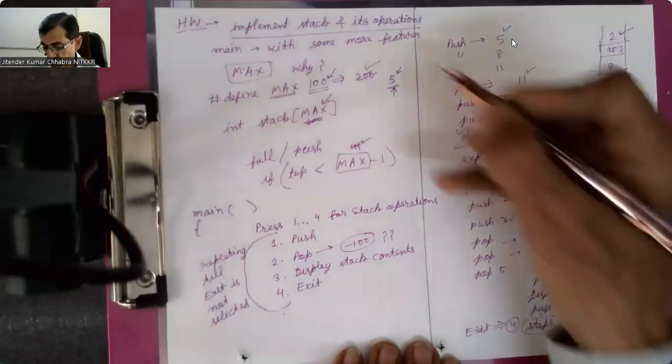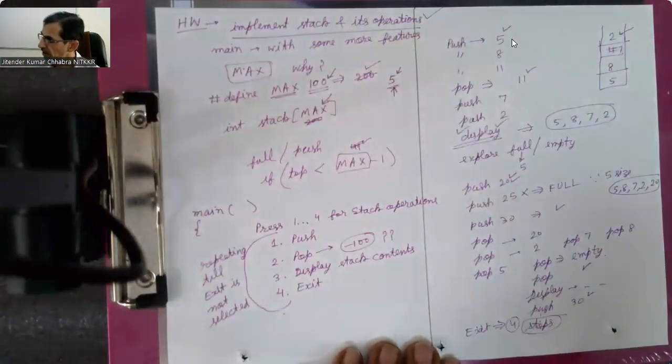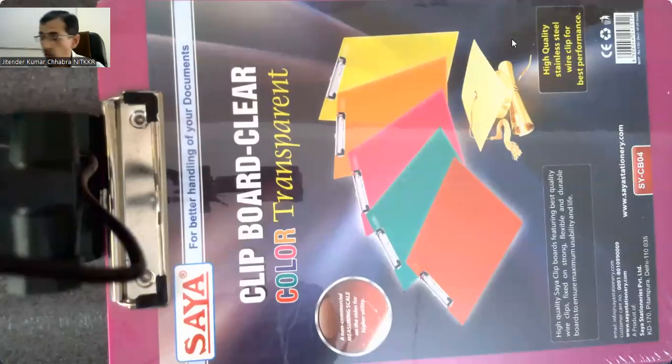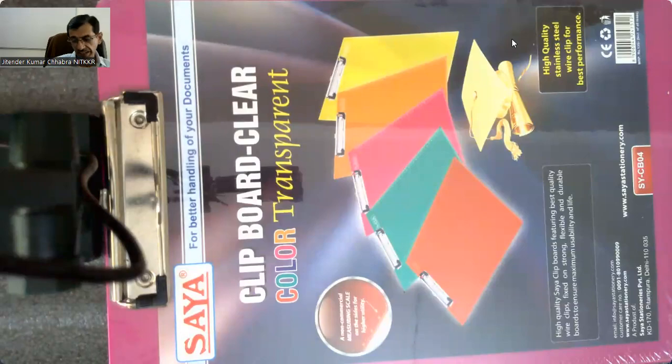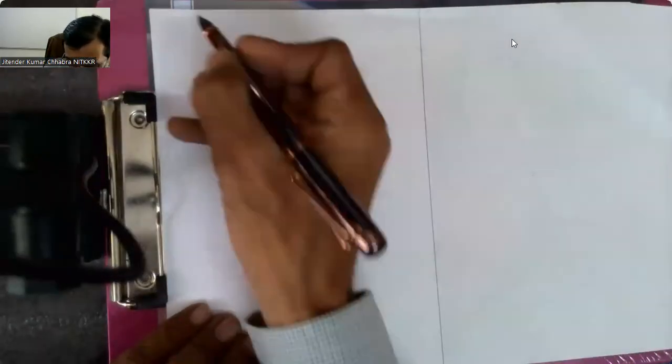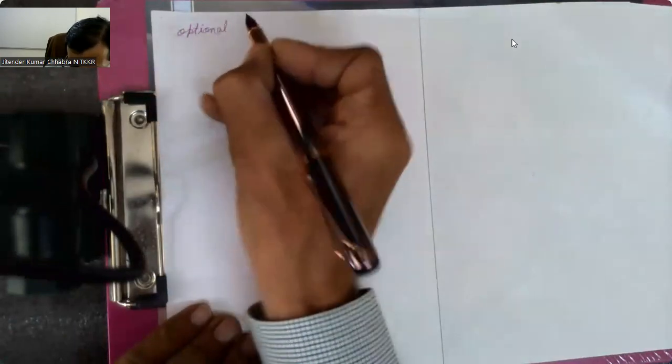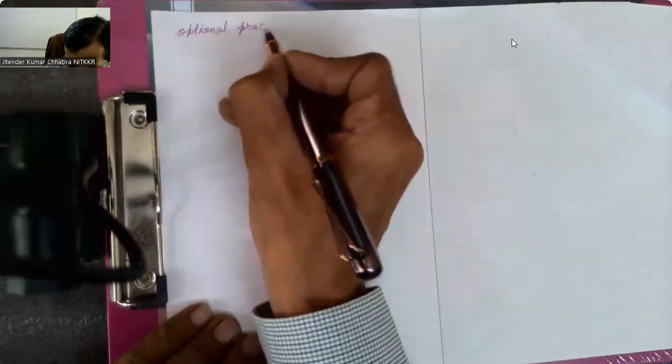This is what I want you to try and implement, the stack correspondingly. Having said that, now going to the final remarks, I'm giving you one extra homework which you should try. So it's an optional practice problem.